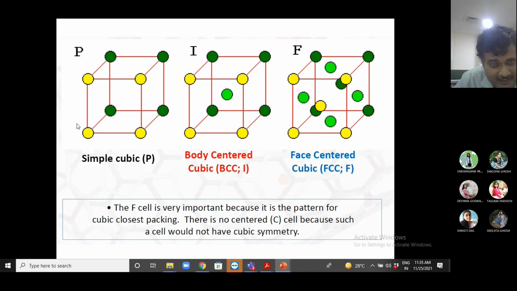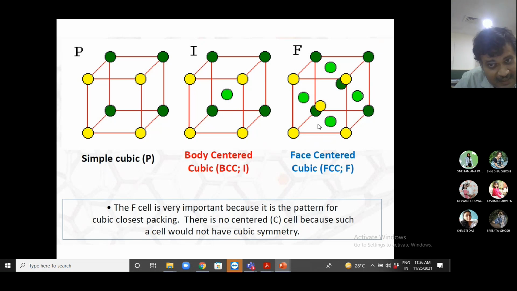In the simple cubic lattice arrangement, the atoms of the crystal only occupy the 8 corners of this unit cell. But in the case of body centered cubic, they occupy not only all the 8 corners, but also the center of the unit cell.